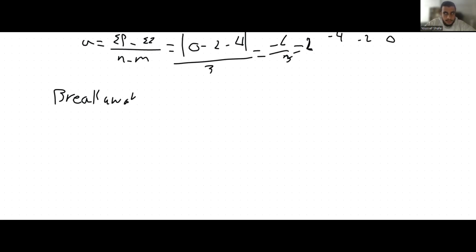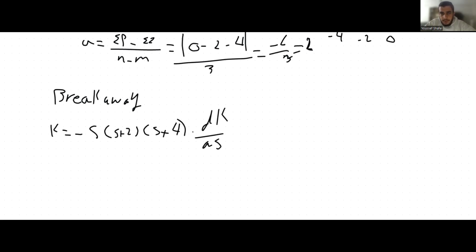So K will be equal to negative s(s plus 2)(s plus 4), and dK over ds will be equal to 0.